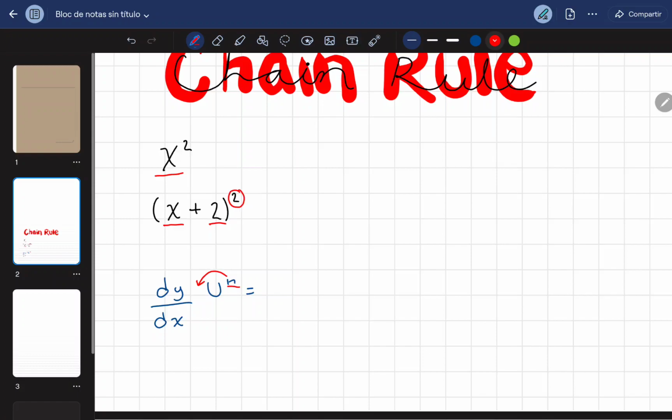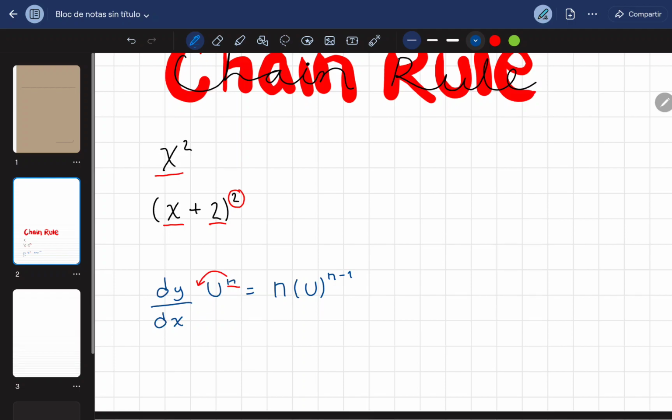In the power rule, we apply this. We are going to apply this in the chain rule as well. So it is n multiplying u to the n minus 1.